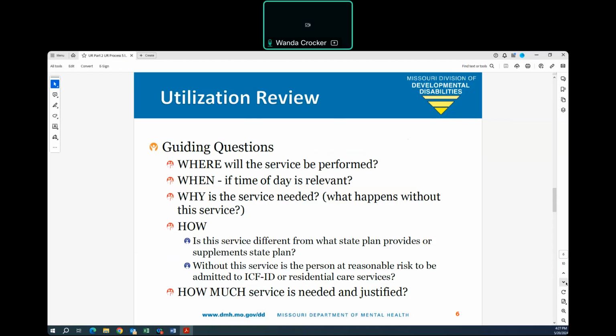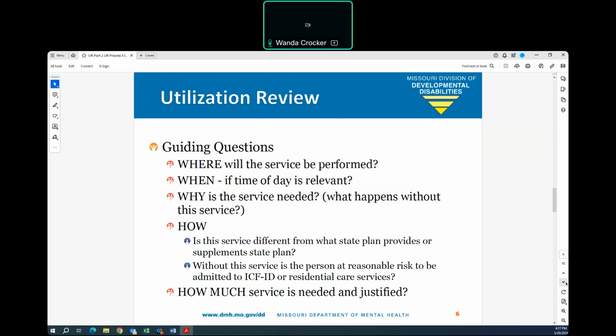And then, of course, how much service is needed, how much service is justified. Your justification has to support the hours of service you're asking for. If the justification doesn't match, if you're asking for 80 hours a week of queue and prompt, that's not justified.